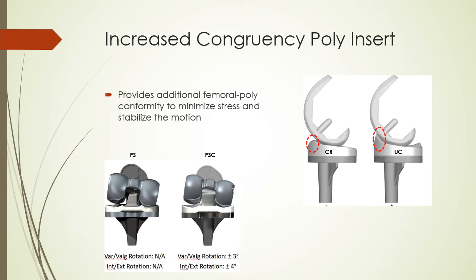In the PS also, there are designs that can give you constraint regarding rotation in various valgus directions and internal-external rotation. So there are designs available if you need additional stability due to soft tissue deficiency. These poly inserts enable you to stay on the device type you want to use, with added stability.